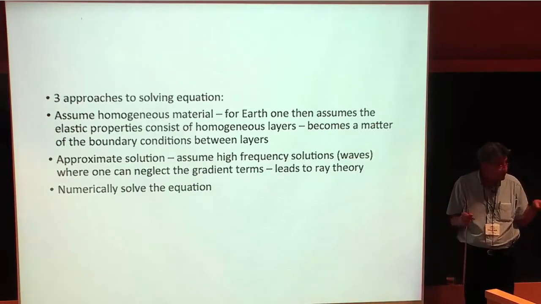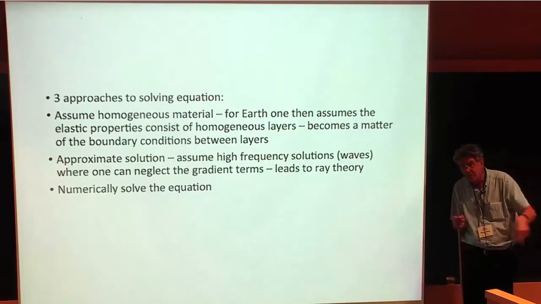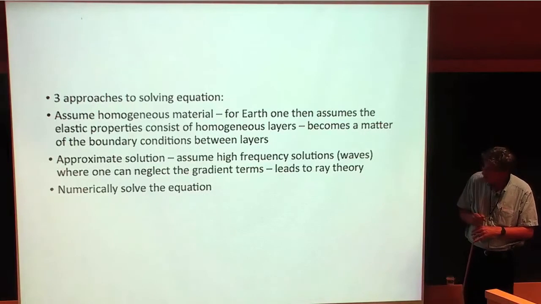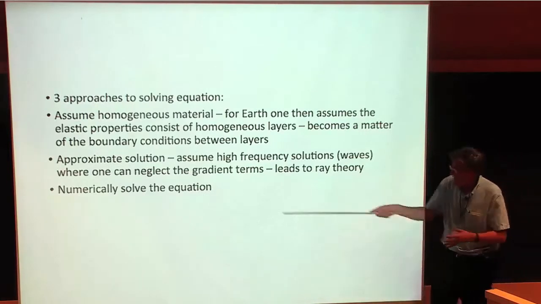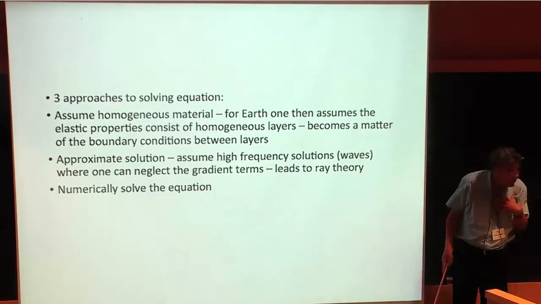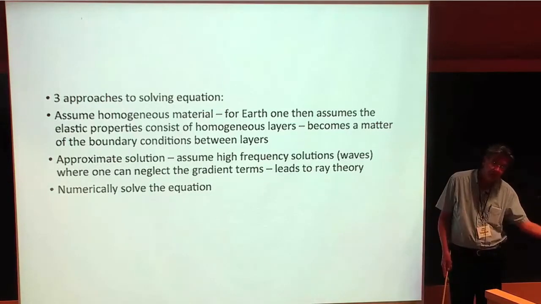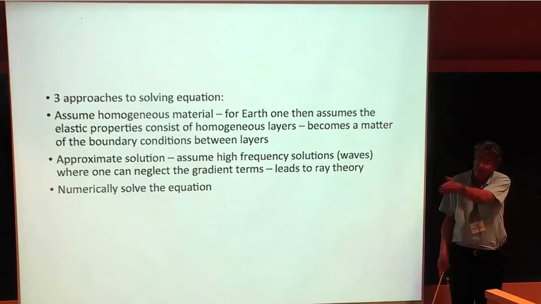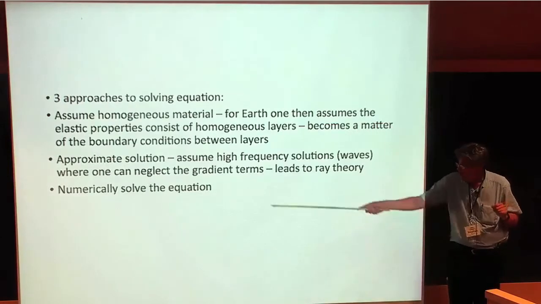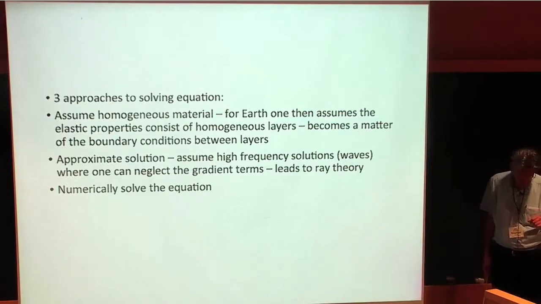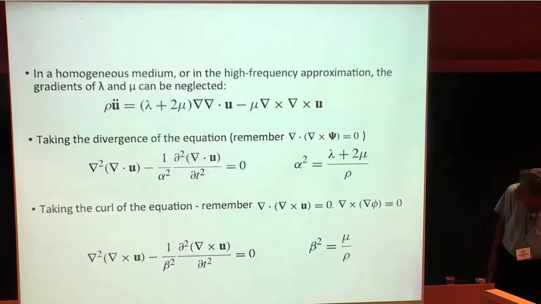The higher frequency waves to go through the whole Earth is still a gigantic problem to solve, but that's the most accurate way to solve what we'll call the forward problem, to actually compute what the u is, the displacement, for a given source, for a given model of the Earth. What is the displacement over there from that? You can do that numerically, but it takes a lot of computer power. So those are kind of 3 approaches in seismology.